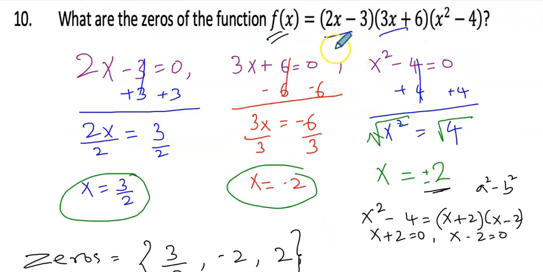Okay, I'll type in this function f of x is equal to 2x minus 3 times 3x plus 6 times x square minus 4.